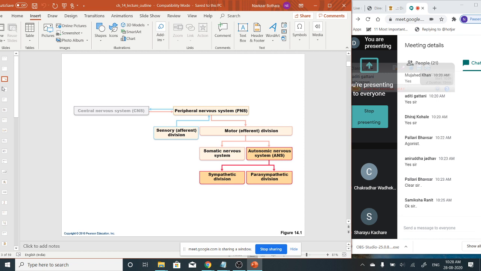If it is acting on GIT or any other smooth muscle, we must be aware that if we are good in this system, we are good in most of the other systemic pharmacology, may it be cardiovascular, may it be GIT, may it be uterine mechanism, whatsoever it may be.